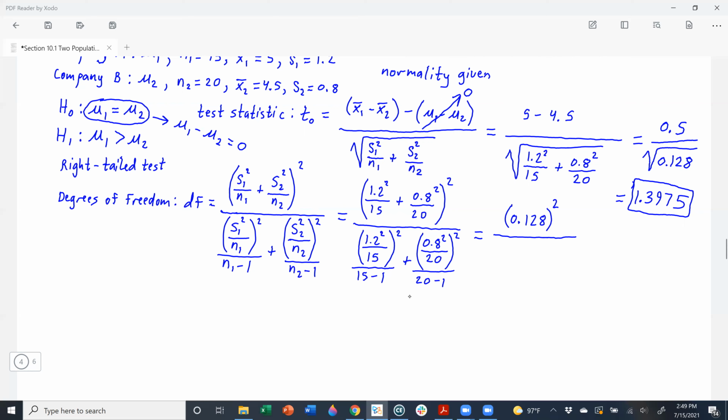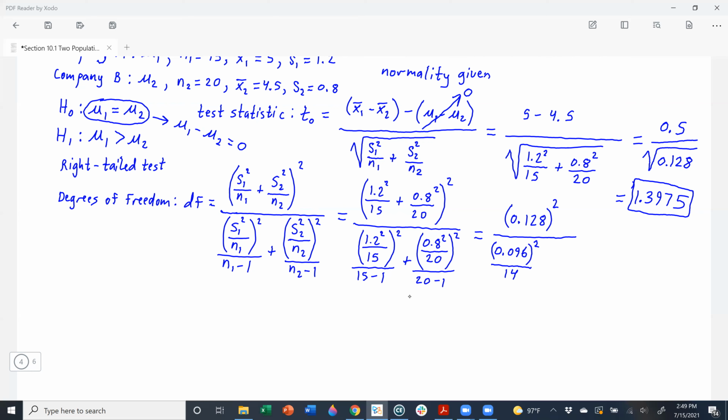Okay, so I'll do each one of these pieces separately down here. So the 1.2 squared over 15, and that part becomes 0.096. I didn't square that yet. And then on the bottom there with the 15 minus 1, I can write that as 14.